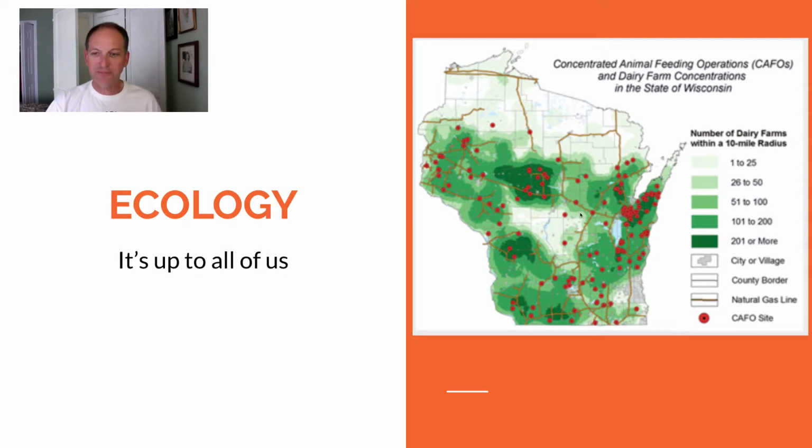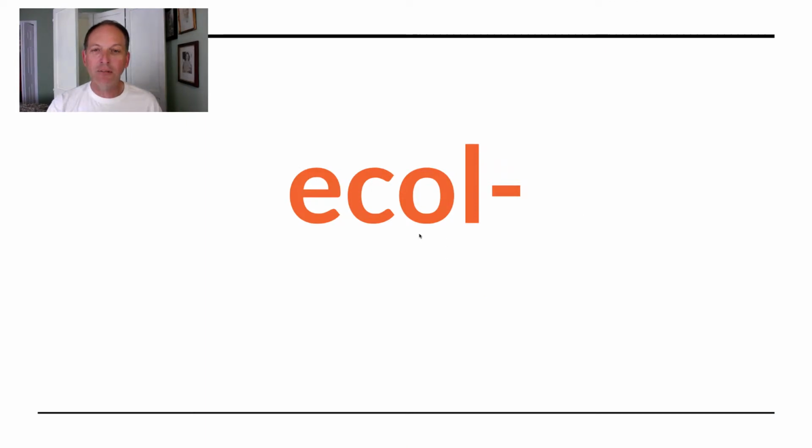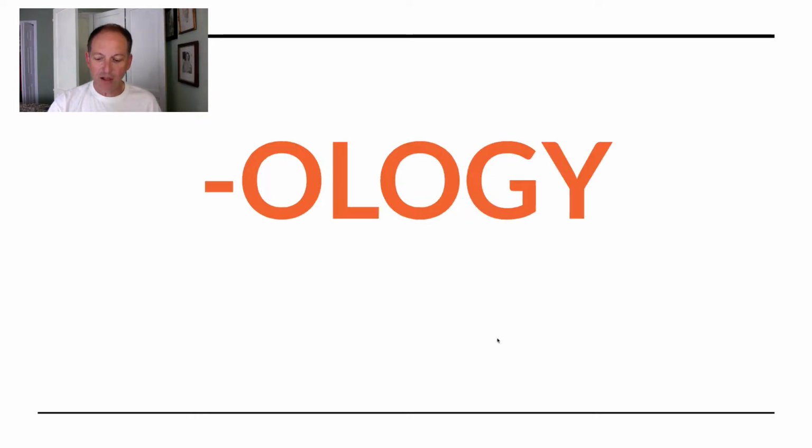Let's start by breaking down the word ecology, and we start first with eco, which is Greek for home or house. And ology, hopefully you remember from our Latin studies, literally means study of.